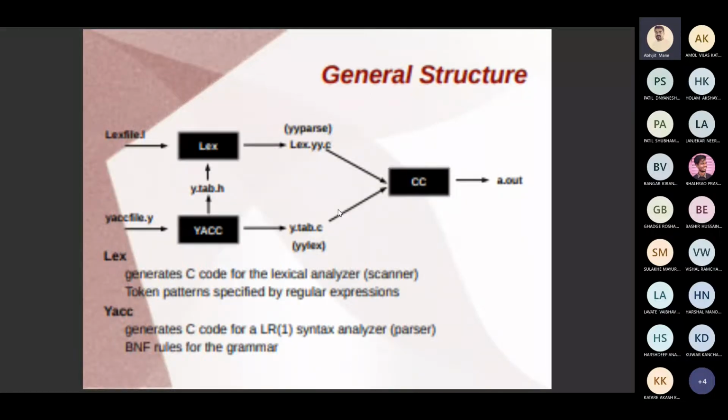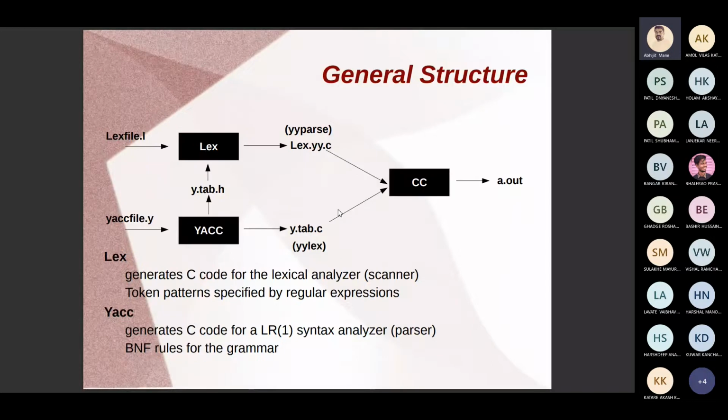Okay. Now the general structure of these two, because whenever you use these two tools, they need to be linked together. In Lex and Yacc, you can scan the tokens individually, but you cannot execute the parser independently, because it requires the sequence of tokens generated by the scanner.